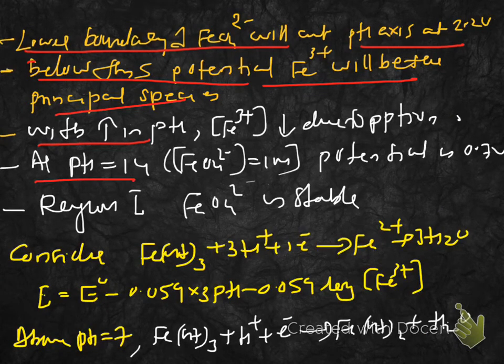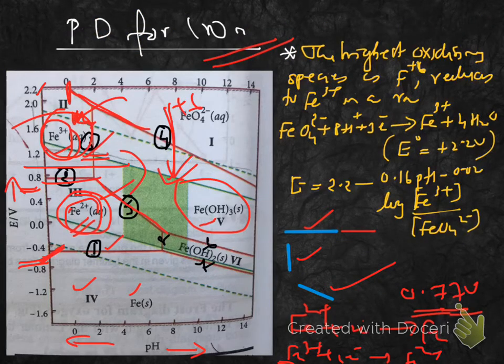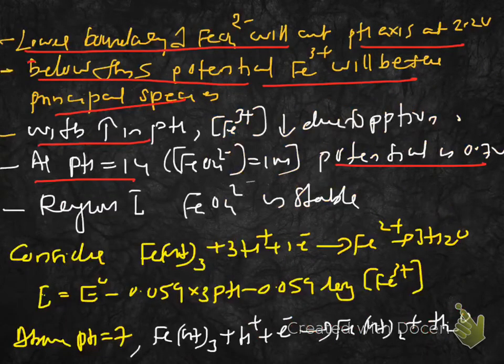At pH equal to 14, potential is 0.77. At pH equal to 14 means this line. In this line, the line for FeO4 2- reaches this point, that is at 0.77 volt.